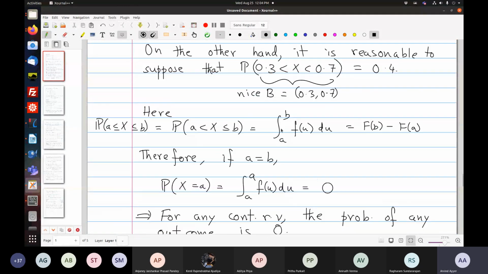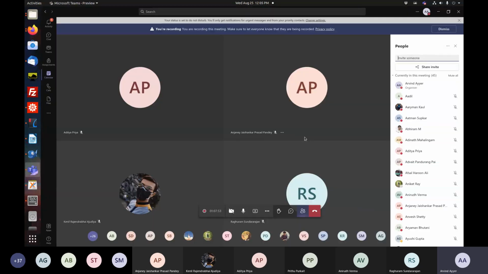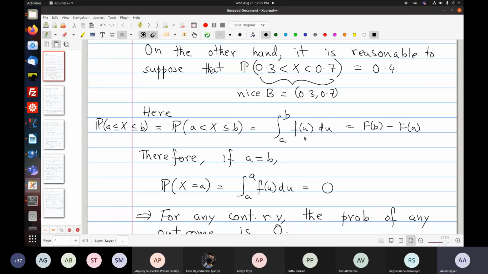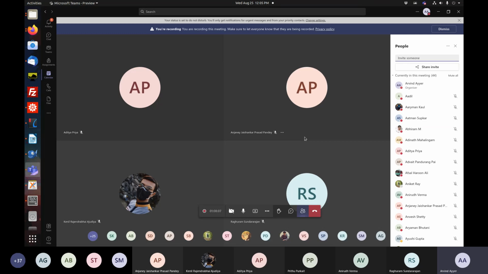So this is not an indefinite integral. So u is a dummy variable, only used for representation. I don't want to say x because x is already there on the left hand side. But we can use whatever variable you like. Okay, sir. Yeah, it's just dummy.